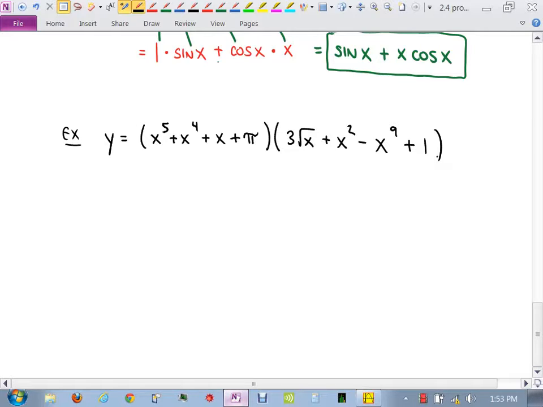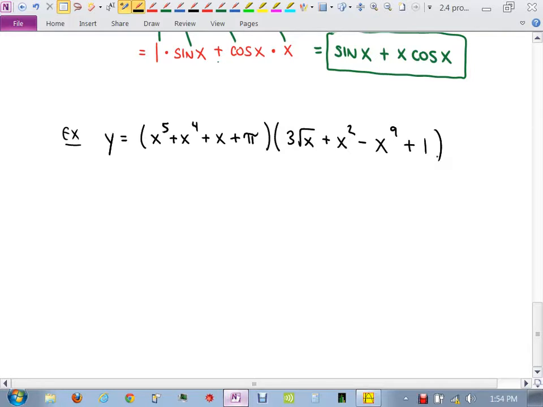Now you could, if you wanted to, multiply this all out, couldn't you? Like you could expand this out. And if you did so, you would have, let's see how many terms, 1, 2, 3, 4, 1, 2, 3, 4. You would have 16 terms. You could try and collect like terms, and then you could do power rule on each one, because aren't all of these powers of x?